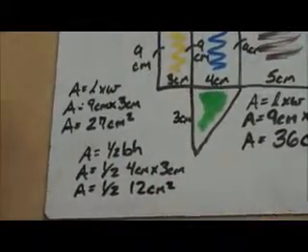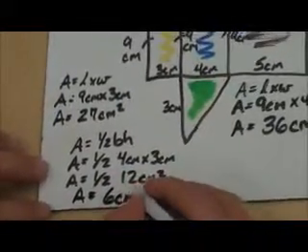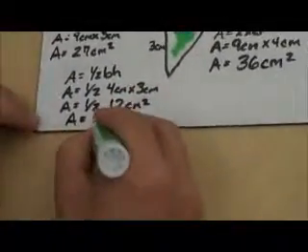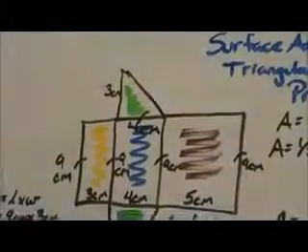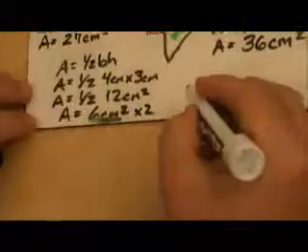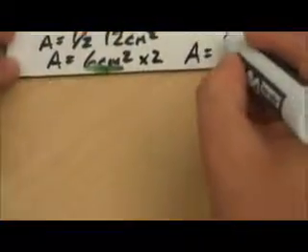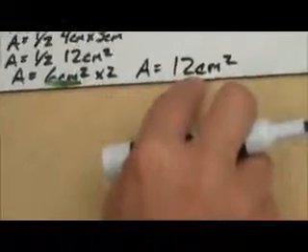And 1/2 of 12 is 6. So I should have 6 centimeters squared. But because it is green, I actually have 2 of them. So if I multiply by 2, my area becomes, that's weird, 12 centimeters squared.